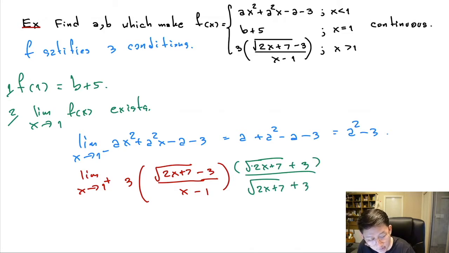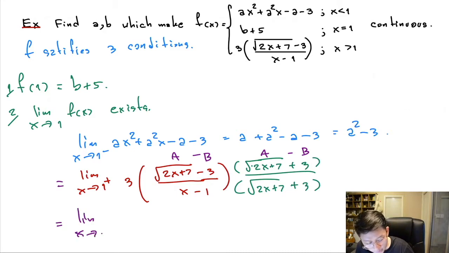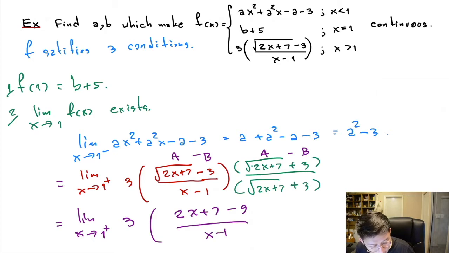I look at this as a minus b and a plus b, and that is the formula of a squared minus b squared, right? So I have the limit as x approaches 1 from the right-hand side of 3. A squared is 2x plus 7 minus 9, divided by x minus 1 times the square root of 2x plus 7 plus 3.